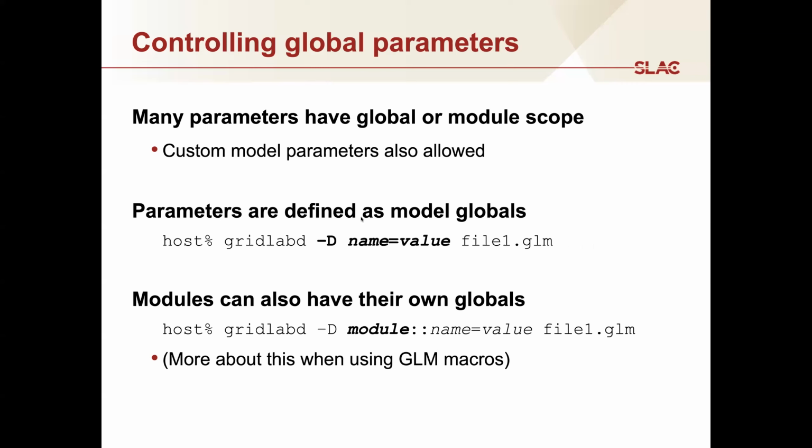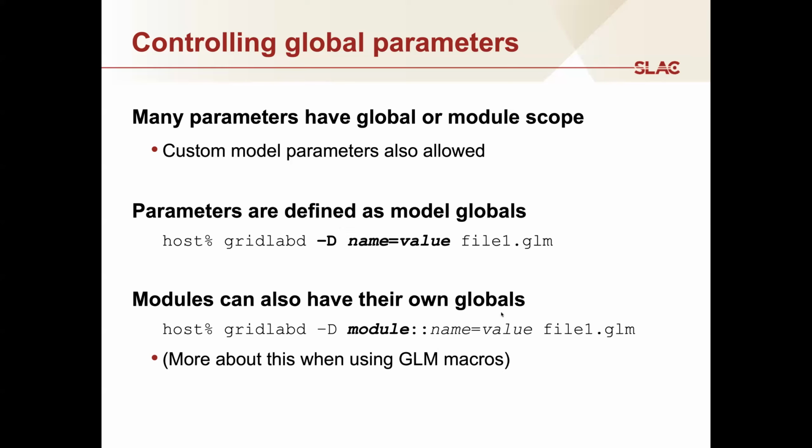And you can essentially manage these settings during the loading of both the overall model as well as settings that affect the behavior of individual modules. So for example, if I want to affect a power flow module global, I would simply use powerflow: whatever the name of that module is.